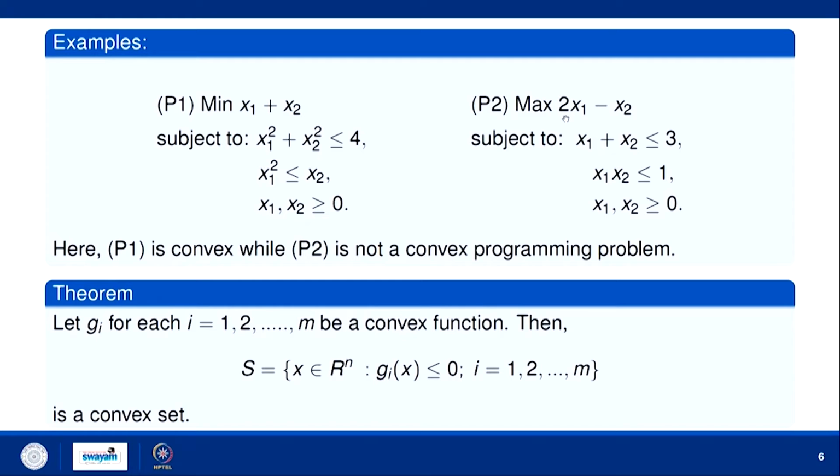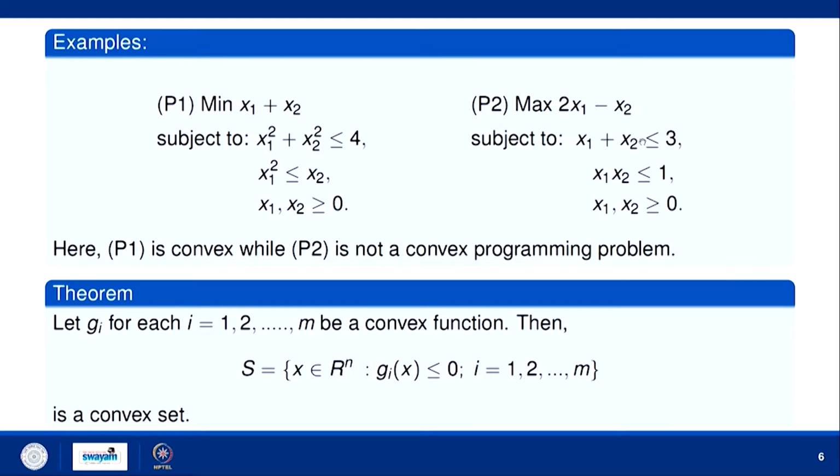So, it is concave as well as convex. So, it does not matter for this linear part, otherwise we should see that this function is concave. Now, the first constraint is x1 plus x2 minus 3 less than or equal to 0, which is a linear constraint, hence convex.